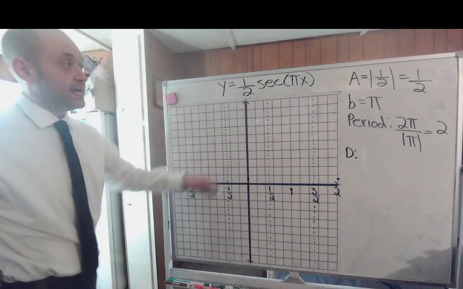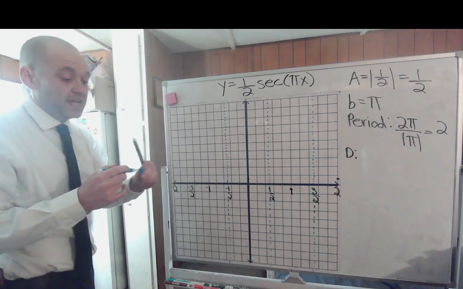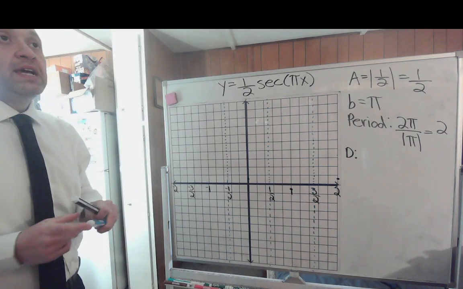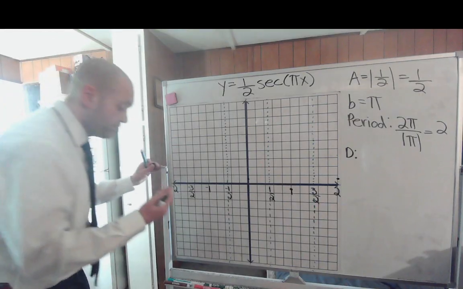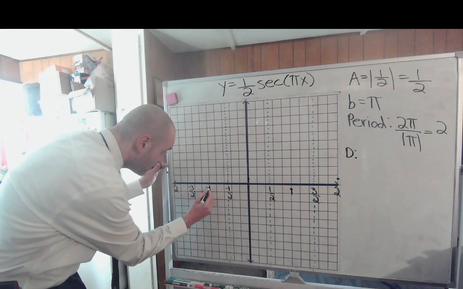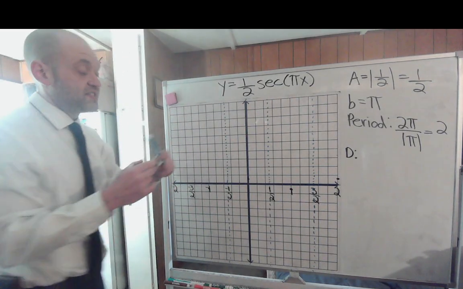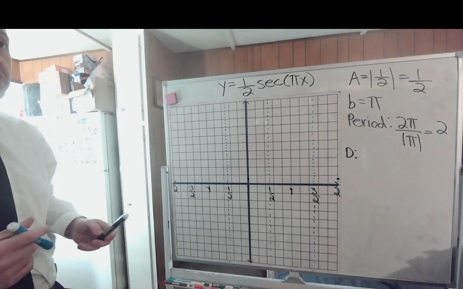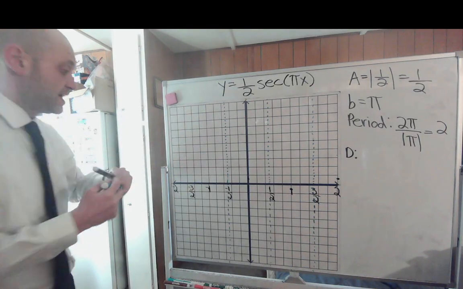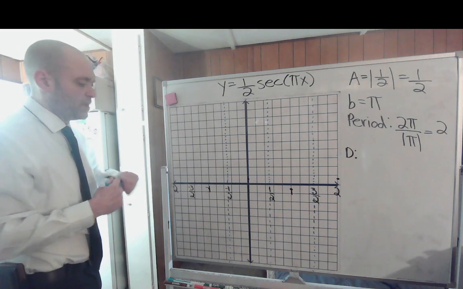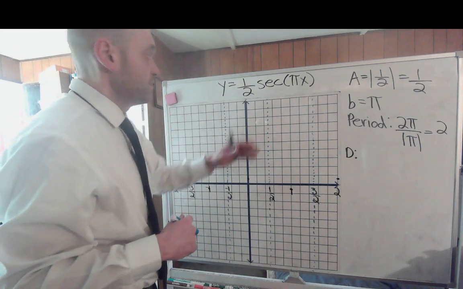Now let's put in negative 1. That would give me the secant of negative pi, which would be negative 1 times a half. That would give me negative 1/2. Now let's put in negative 3/2. That gives me the secant of negative 3 pi over 2, which would be positive 1 times a half. No, wait a second. I'm thinking of another function.